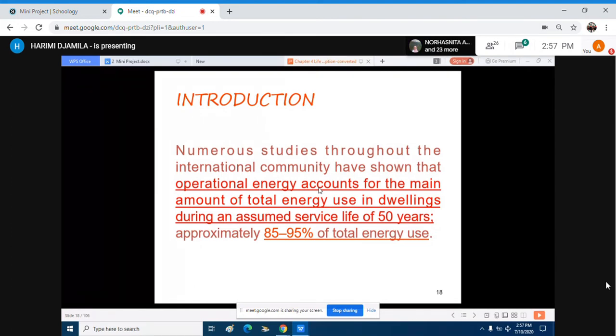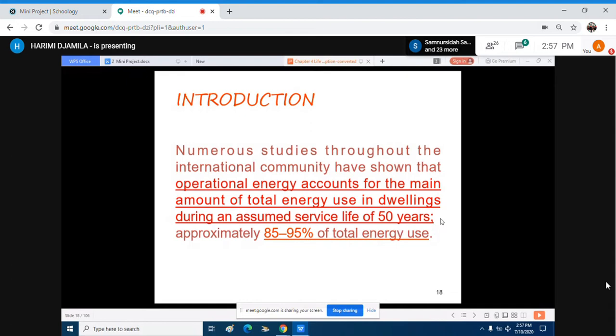After completing the construction, where people occupy the space until the demolition of the building itself, any energy consumed during that time is considered as operational energy. It accounts for the main amount of total energy used, for instance in dwelling houses, during an assumed service life of a building. For example, 50 years, but sometimes a building can go up to 100 years.